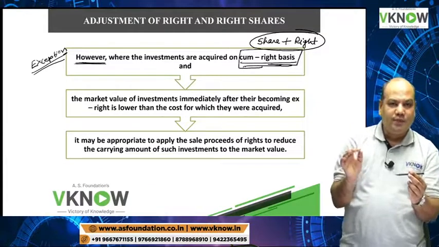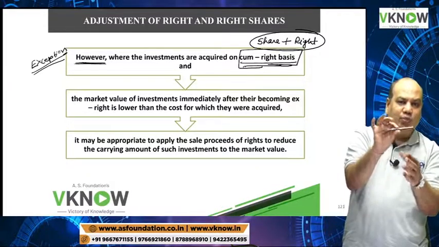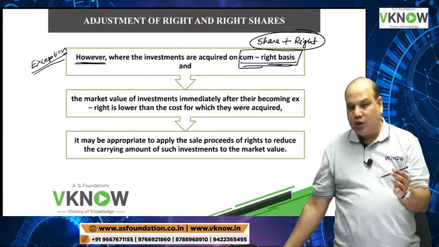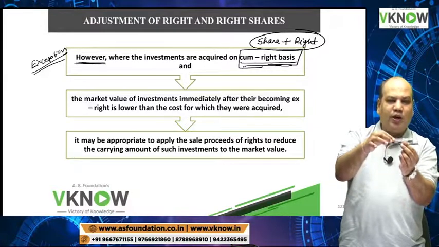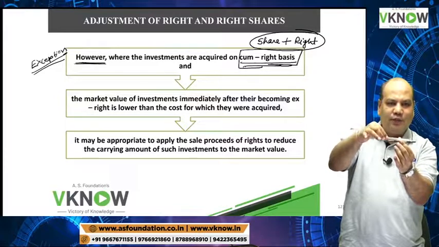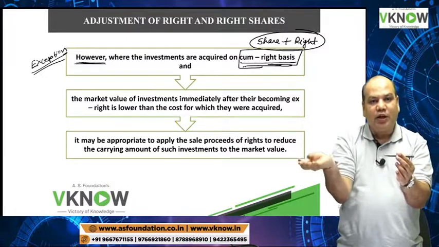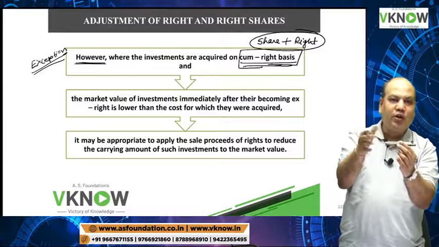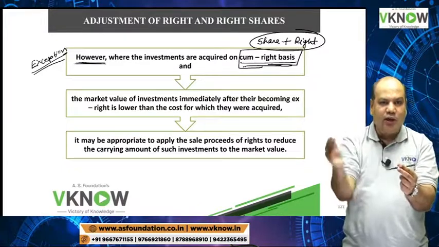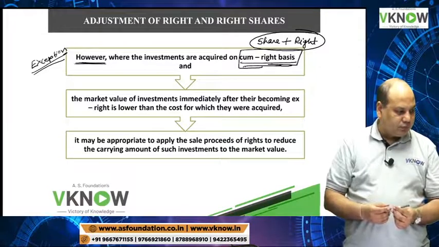So the standard also says that since you paid for that right at the time of purchase, when you sell it, you remove it from the total cost. So I paid 150 rupees for share and right, let us say 100 for this and 50 for this. When I purchase the share with right, I debit the investment by 150, and I sell this right for 50. I will credit the investment by 50 so that I get the real worth of the share. Hopefully now you understood.